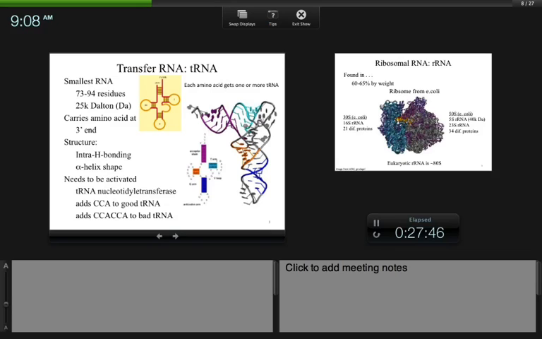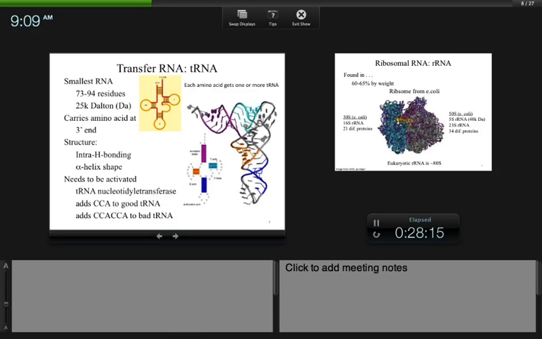That little tail is where it will pick up an amino acid. With that intramolecular hydrogen bonding, we end up generating an alpha helix, very similar to protein structure or even DNA.